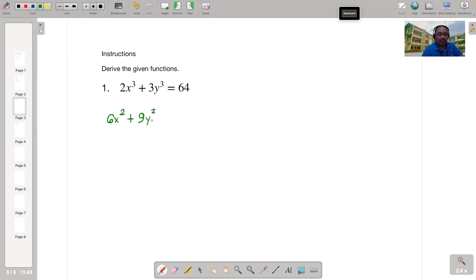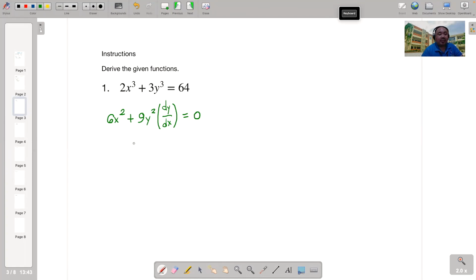However, by the chain rule, you know that this y has a derivative, which we do not know as of now. So we just say times that derivative of y with respect to the variable of differentiation x is equal to, and then you have the derivative of a constant that's just 0.